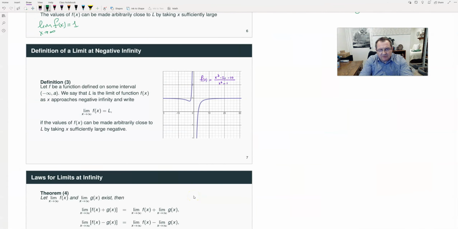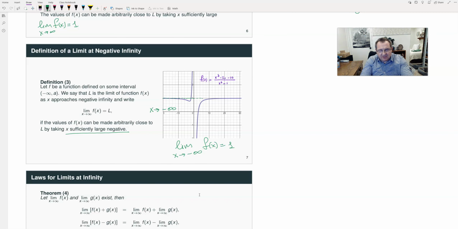In a very similar fashion, one can define the limit as x approaches negative infinity. In this case, we will be considering what happens to the function when x takes on sufficiently large negative values. Therefore, we can say that the limit as x approaches negative infinity of the function f of x is equal to 1.